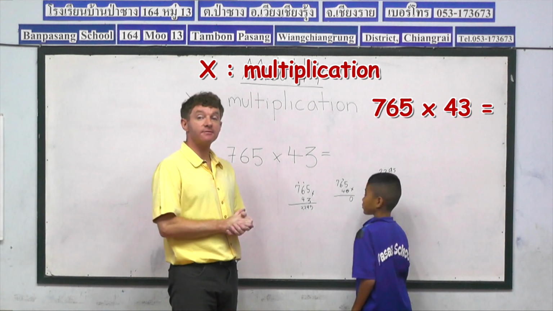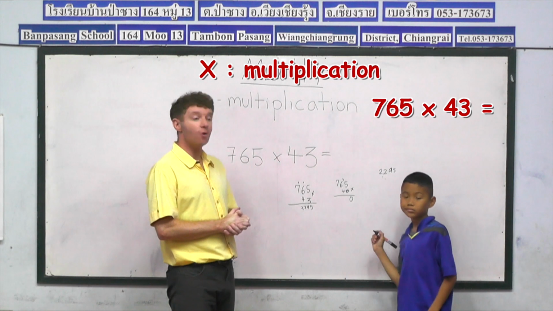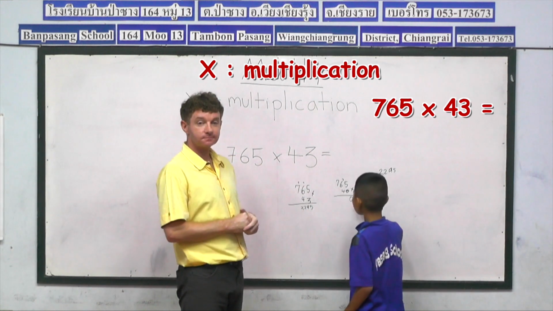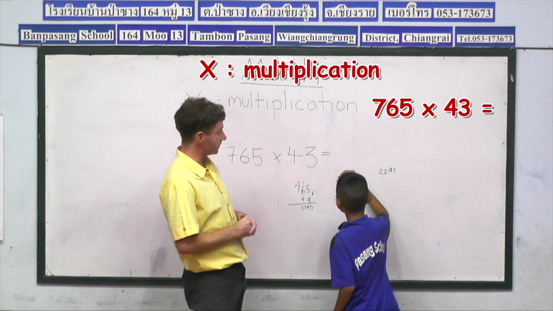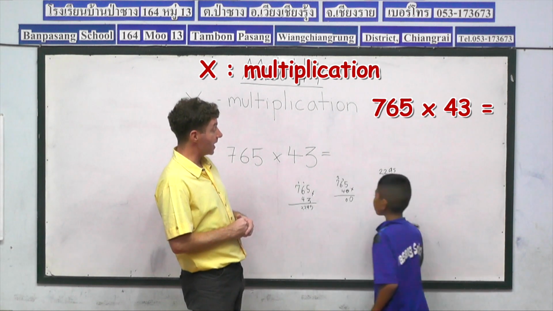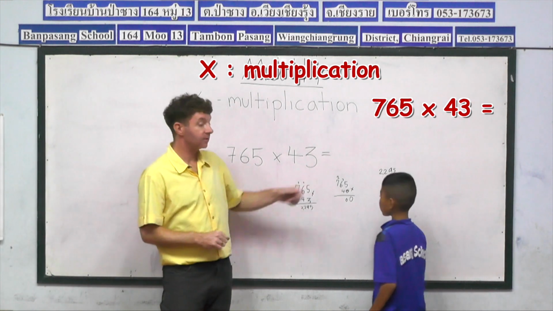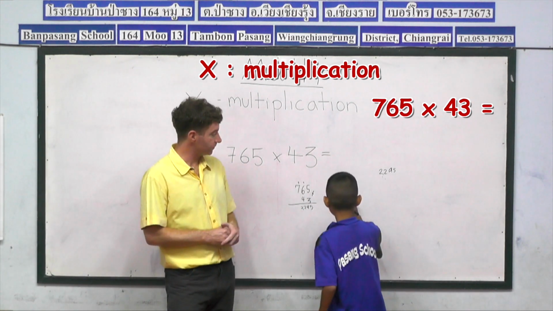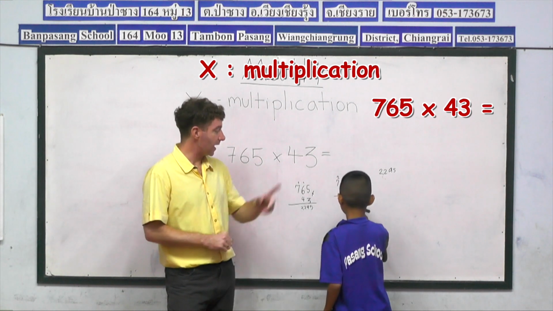4 times 6, 24. Plus 2, 26. So we write the 6, carry the 2 again. And now, 4 times 7 equals 30. Excellent, Bangpon.